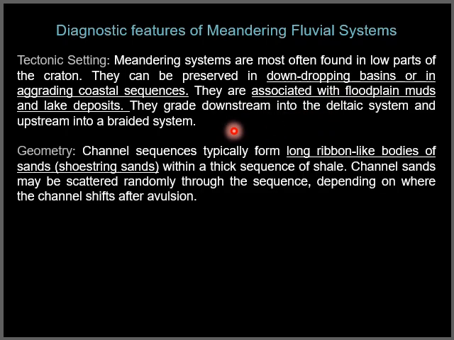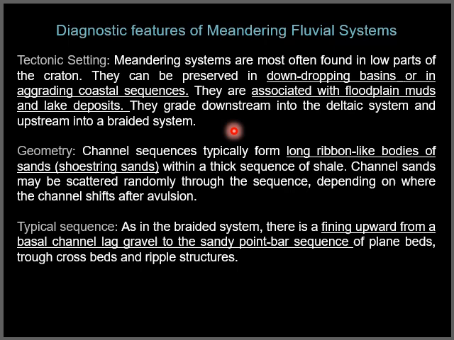In terms of geometry, they form long ribbon-like bodies of sands, or shoestring sands. A typical sequence is fining upwards from the basal channel lag gravel to sandy point bar sequence. Structure is made up of plane beds or trough cross beds. Sometimes you have ripples.